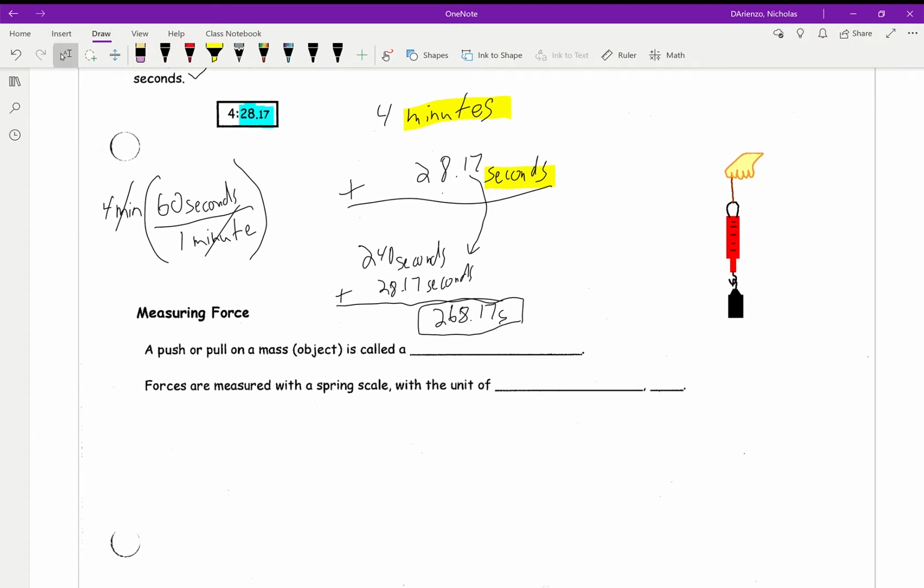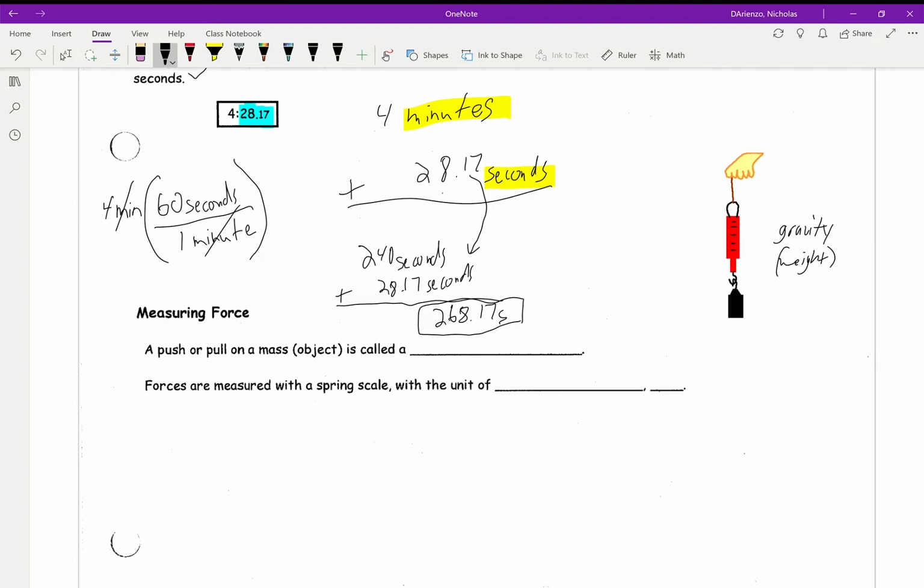Measuring force. Most of you have probably used this device before. I'll have some in class for you to play around with and see exactly how they work. These devices do require gravity. That's really what's going to be the force that we are essentially measuring, otherwise known as weight.